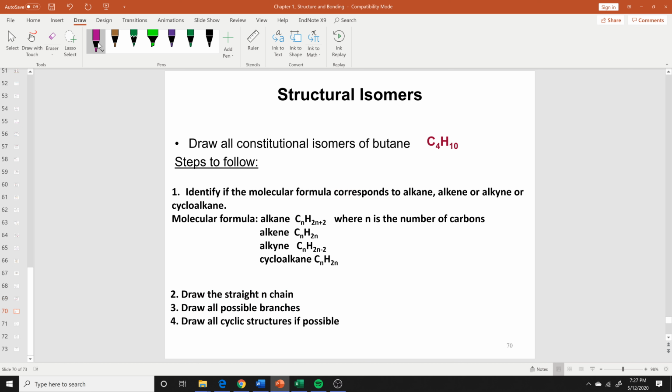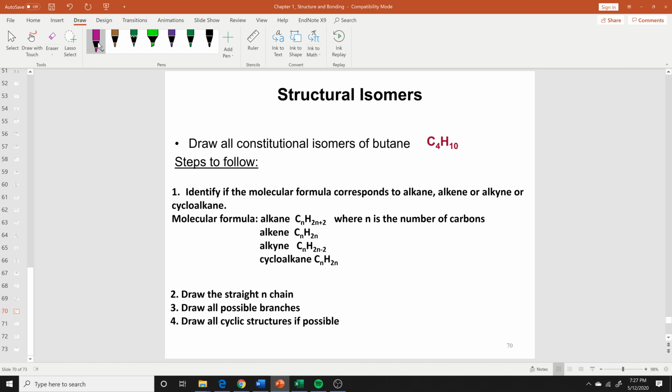How can you draw structural isomers? There is no one way to draw the structural isomers. We will hit on this topic again once we start functional groups in chapter number 3. We will talk about drawing structural isomers again, because you will have more idea about functional groups. But to draw structural isomers, I just came up with a way to figure out how many structural isomers you have.